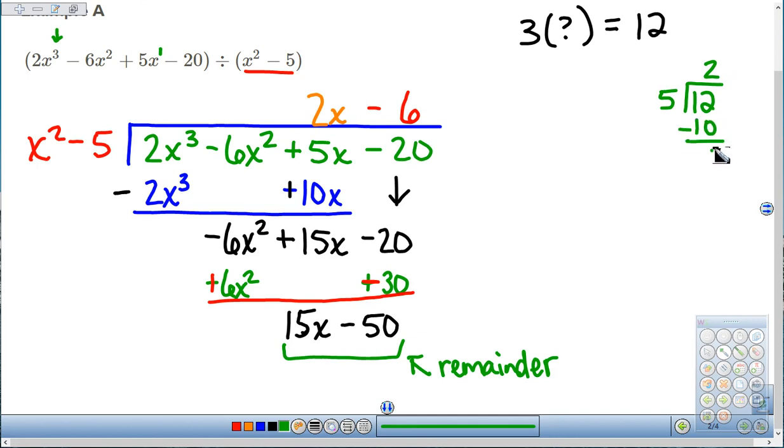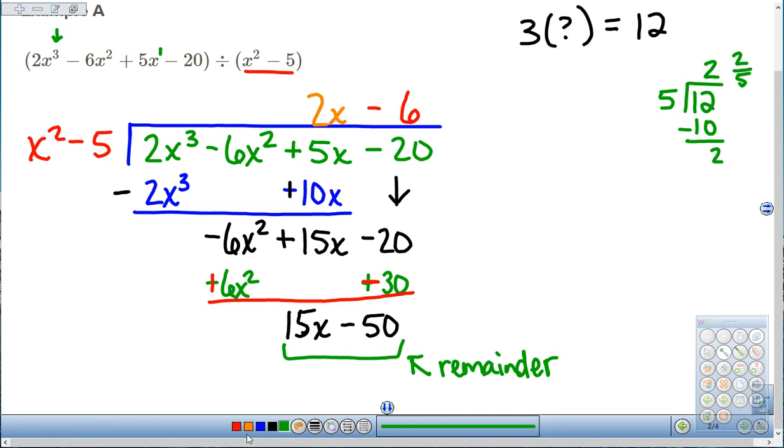And when I subtract here, I have a remainder. We used to write it as R2, 2 remainder 2. Then we learned to write it as 2 over 5 because 2 is still being divided by this 5. And so we read that as 2 and 2/5.